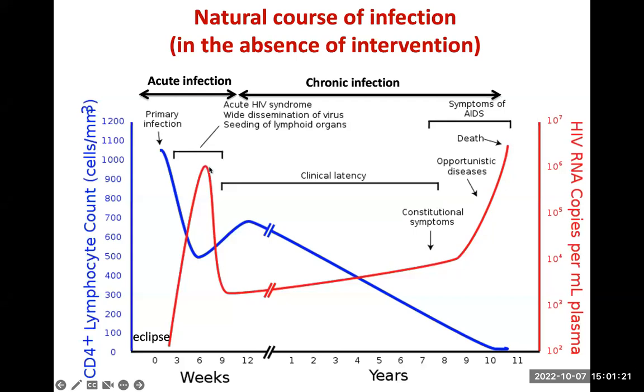And once the viral replication has been partially controlled, there's partial recovery of CD4 counts, but as the person moves into the chronic phase, there's some gradual decline of CD4 T cells that happens in the background, in as much as this person doesn't have clinical symptoms. And when that reaches a very low level, that means that other components of the immune system have also been compromised. And that's when we end up with the end stage disease.